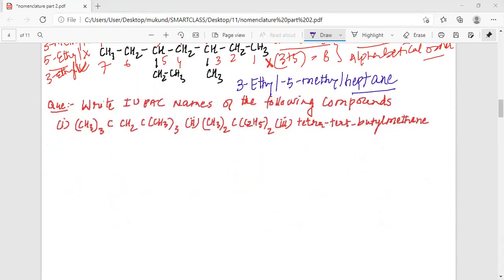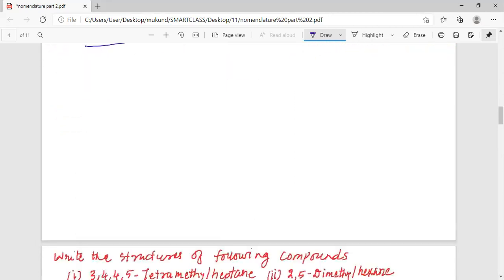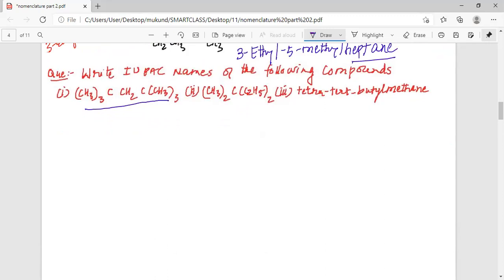Now, my dear students, we have few more. Write the IUPAC names of the following compound. First one is this. So here it is CH3 thrice, C, CH2, C, CH3 thrice. So to write the name, my dear students, we need to first draw the particular compound. So here we have C, and with this C we have 3 CH3 groups bonded to that.